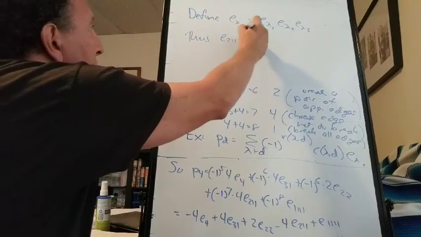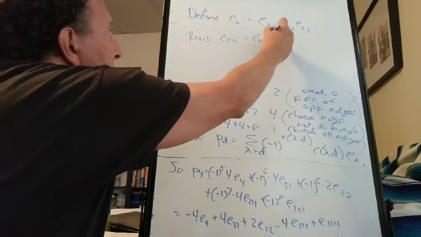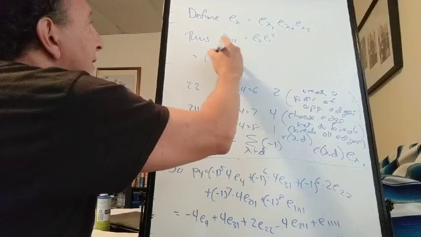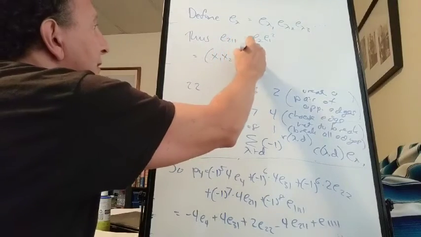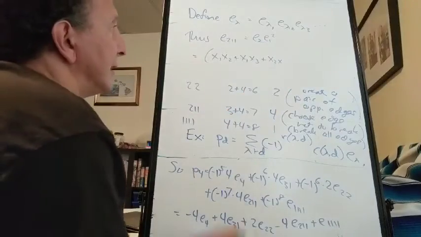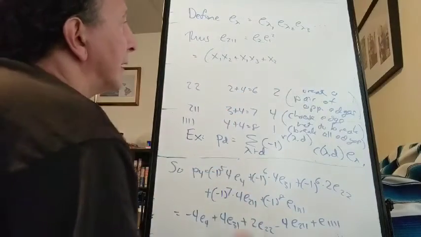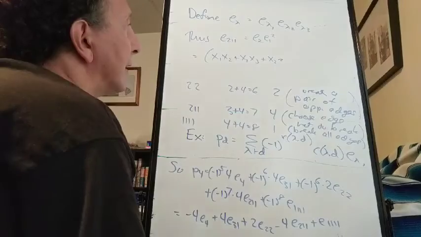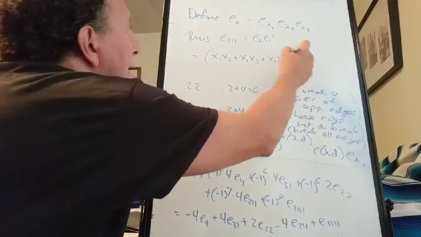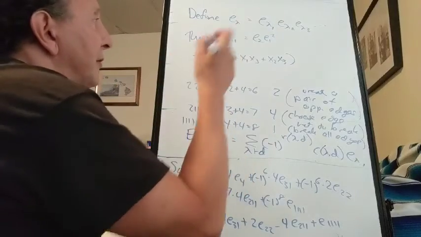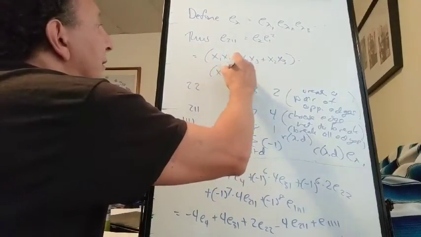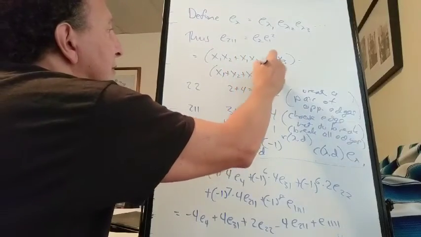So e211 equals e2 e1 squared, and that is, say, if we have three variables, x1x2 plus x1x3 plus x2x3 times (x1 plus x2 plus x3) squared.